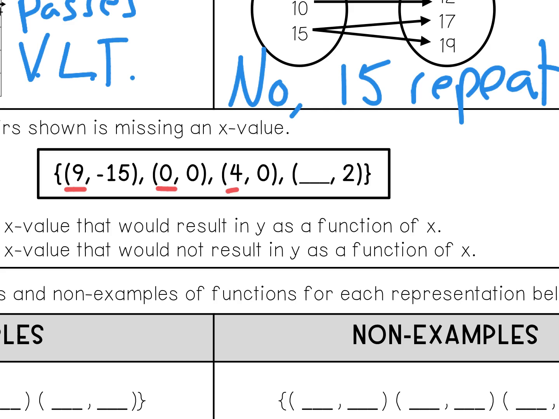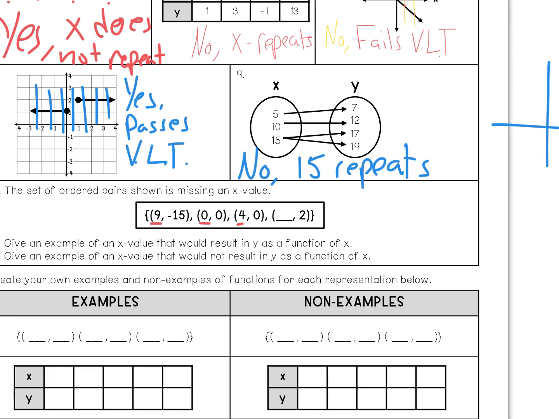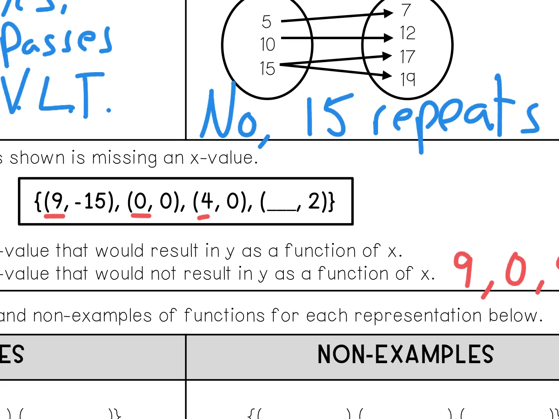I can only choose 9, 0, or 4. Okay? Does that make sense? Because if I choose 4, what happens? X repeats. If I choose 9, X repeats. If I choose 0, X repeats. Okay?